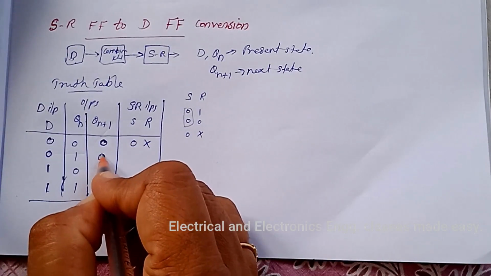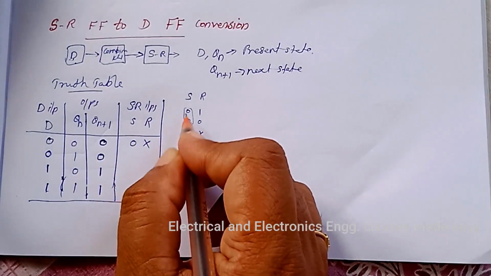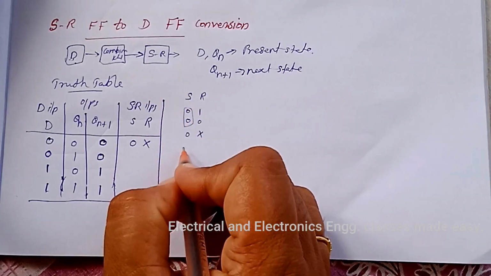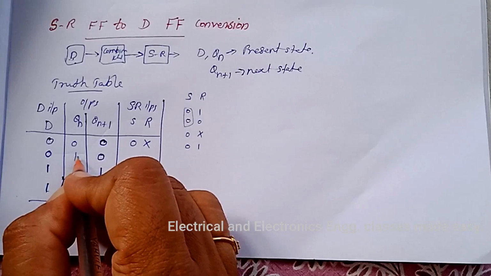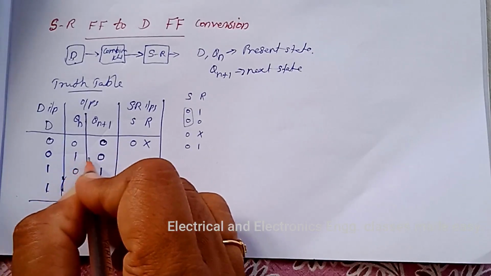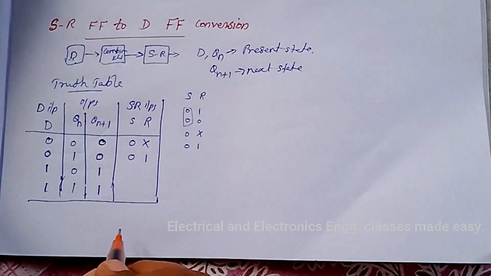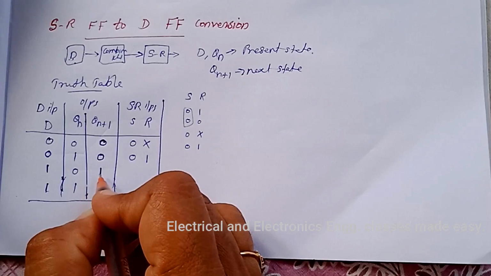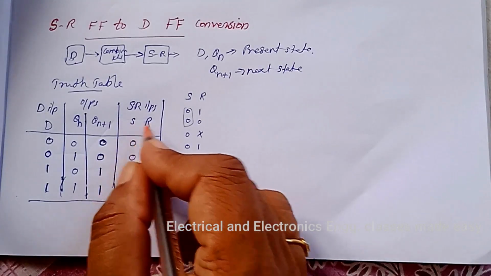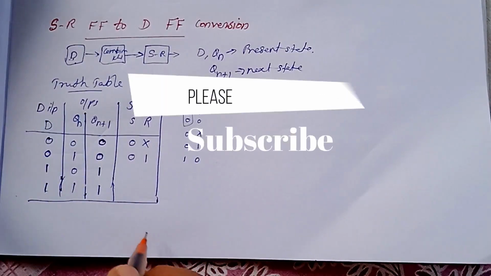Next the output is 0. 0 is obtained when S and R are 0 and 1. And here these are 1 and 0. So we can write 0 1 here. Next is 1. To obtain 1, the SR inputs are 1 and 0.